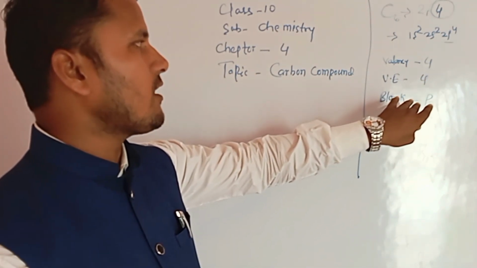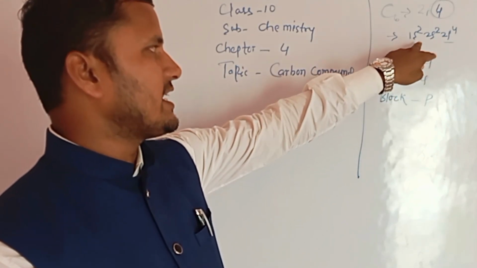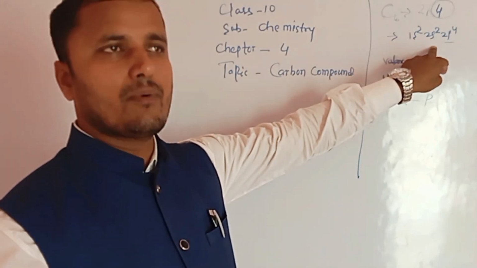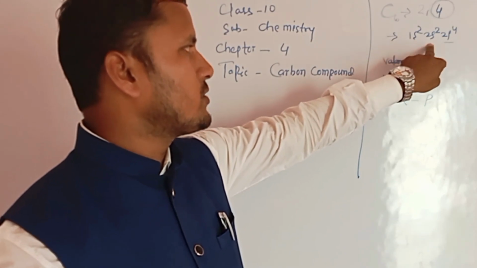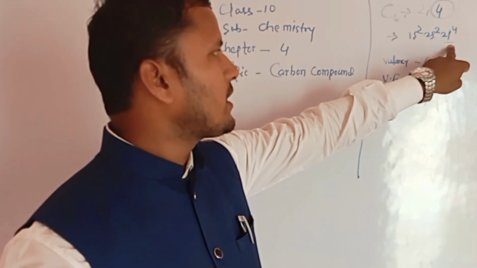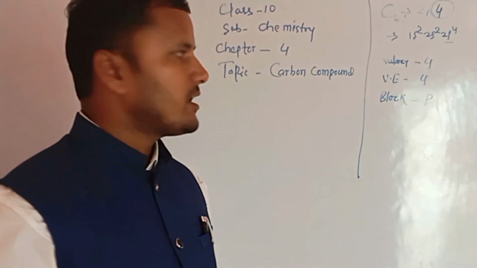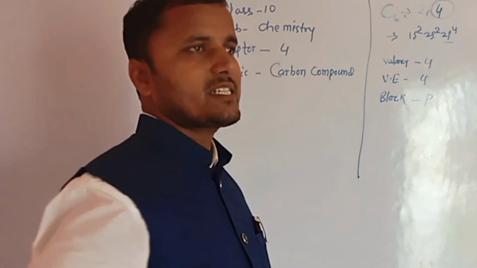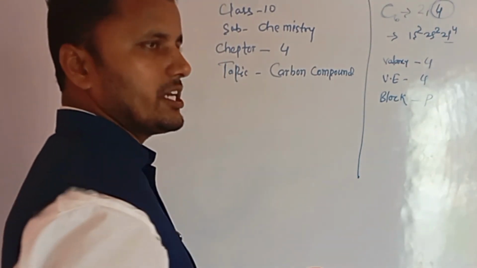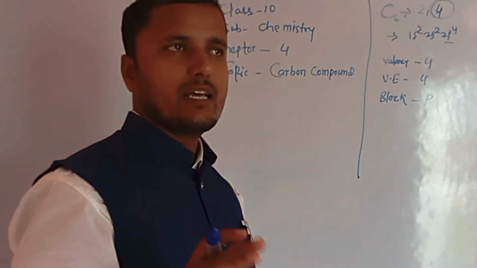Carbon is in block P. This is indicated by the above configuration: 1s2, 2s2, 2p2. If we want to understand in detail, then listen carefully for 5 minutes.